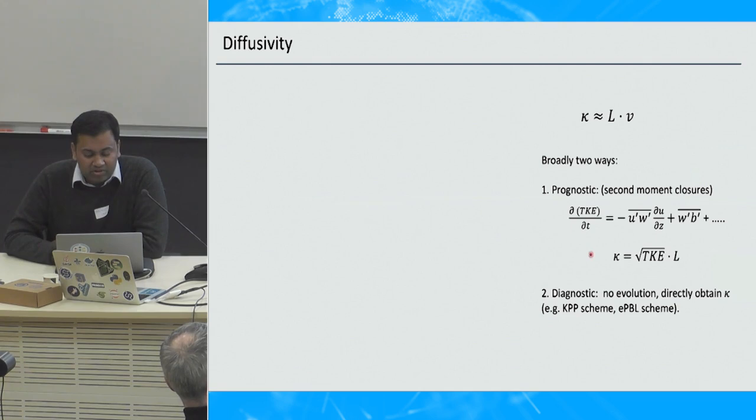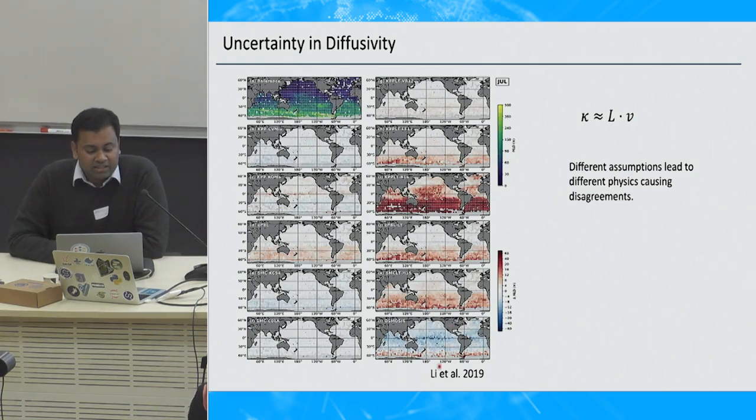But there is a problem, as in you can have various ways of getting kappa, and there is a lot of disagreement among those. This is a paper by Lee et al. 2019, and there are many subplots over here. I won't get into the details, but the key point is that there is a reference mixed layer depth, and all the other plots are done by simulating or using a different kind of boundary layer parameterization, and all of them sort of disagree in the magnitude as well as the trend.